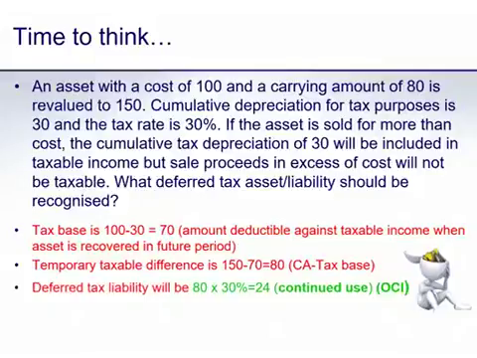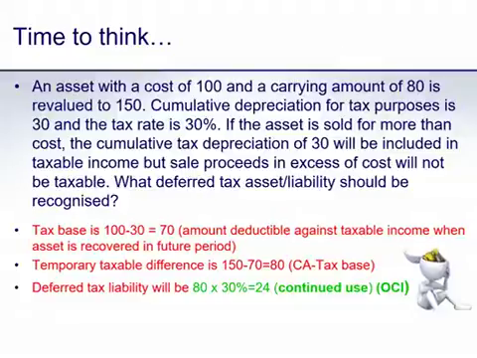And notice here that the deferred tax is recognized in other comprehensive income as opposed to profit or loss, the reason being that the revaluation was also recognized in other comprehensive income. So the recognition of the deferred tax follows wherever the accounting profit or loss has been recognized.